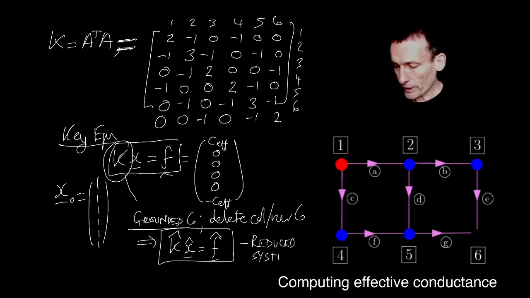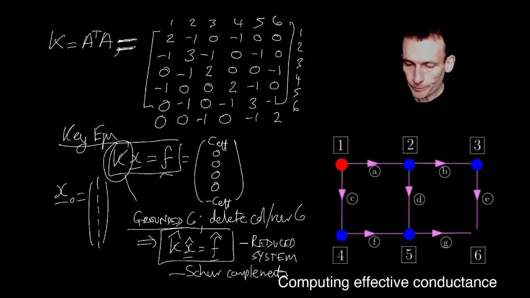And we could use Schur complements to find this. Here's how I would do this. I'll just indicate it; I'm going to leave this as an exercise because I don't want to do it this way. If I ground this, here's my full Laplacian. If I decide to get rid of column 6 and row 6, then this is my K hat.